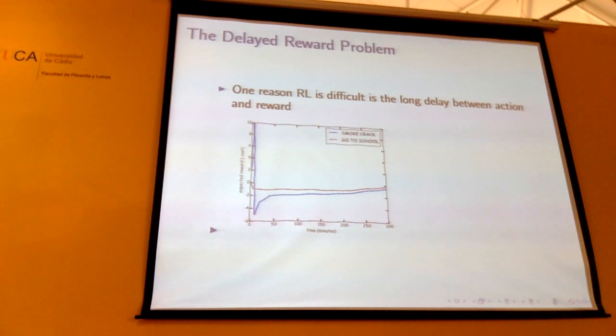So the problem is that what you really care about is this long-term expected reward, but the effect is so delayed that it's really hard to account for it. This is actually a fundamental problem.